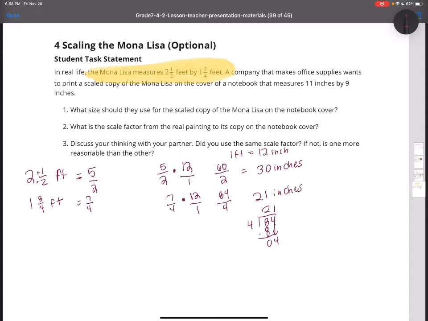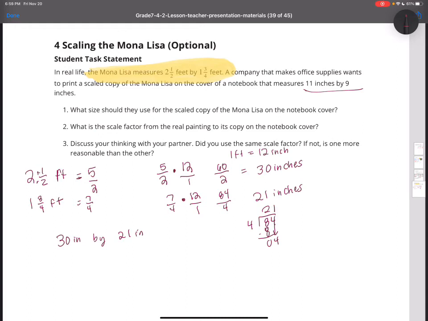Okay, so 21 inches, I'm sorry about that. Let me write down my stuff. What you can do is find a scale factor that you could divide both of these numbers by so that it is small enough to fit this book cover that's 11 inches by 9 inches. So what's something that 30 and 21 could both be divided by?